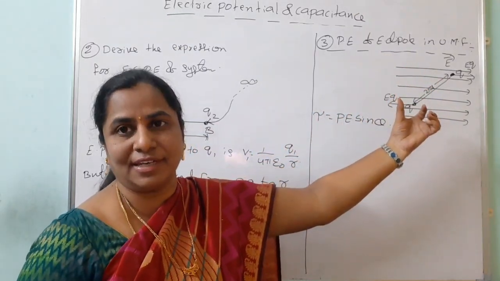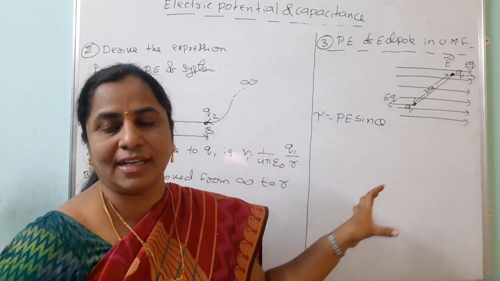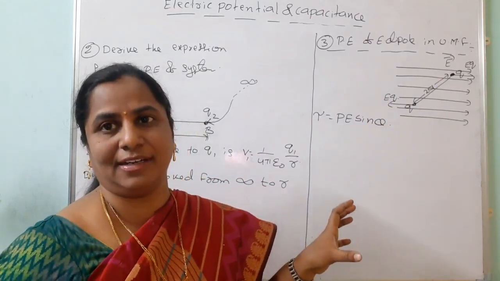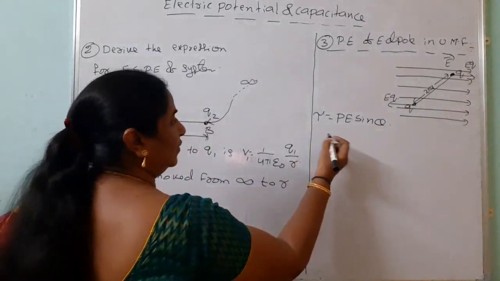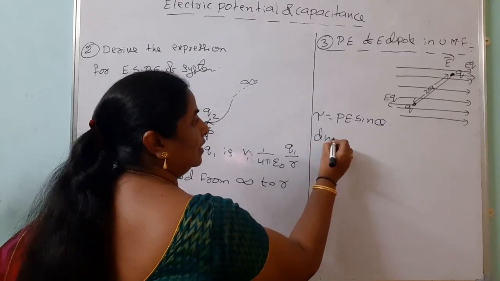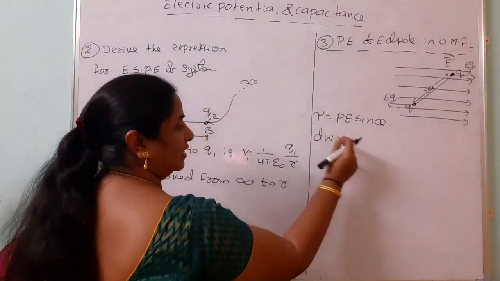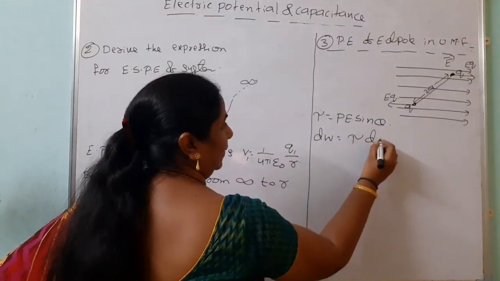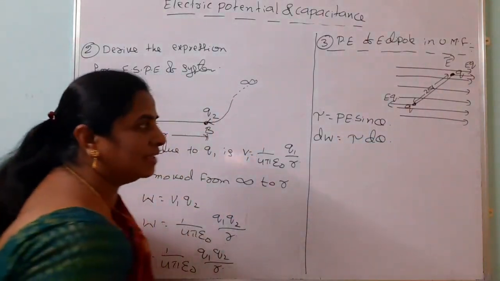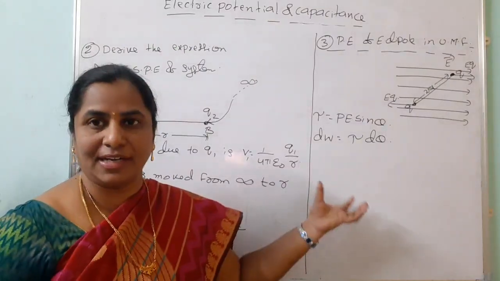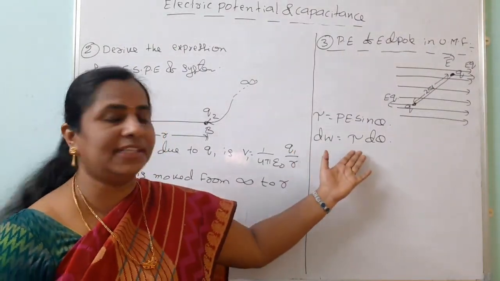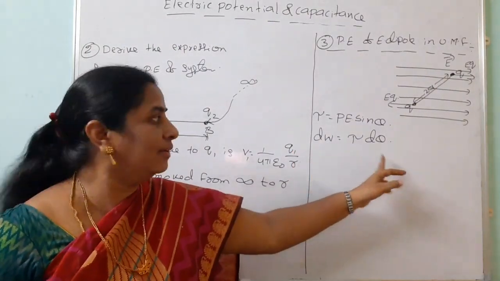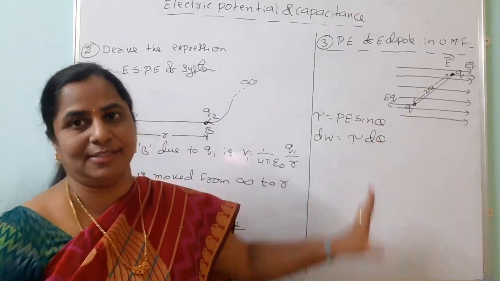How much work is required to rotate that electric dipole in a uniform electric field? So for work done, we take dW first, the small fraction of work done. dW equals tau into d theta. Like work done equals force into displacement, in rotatory motion, work done equals turning effect of force into d theta, the angular displacement.